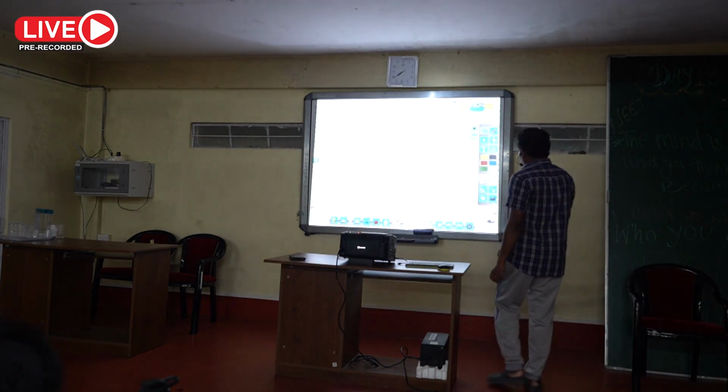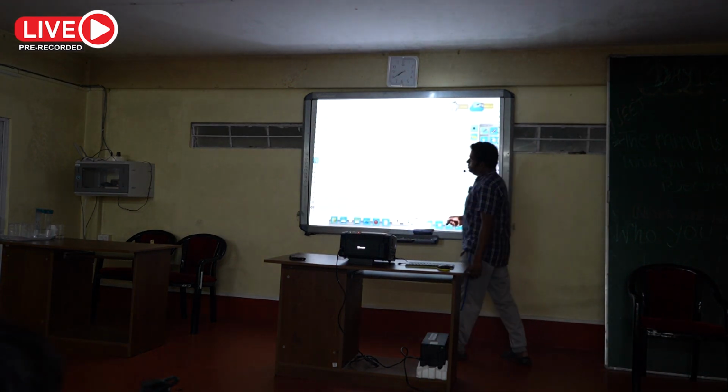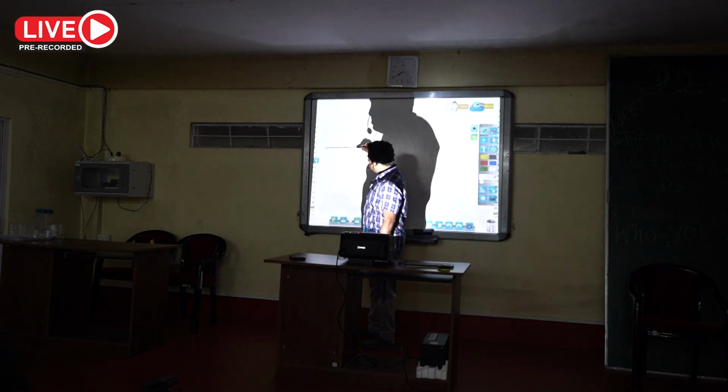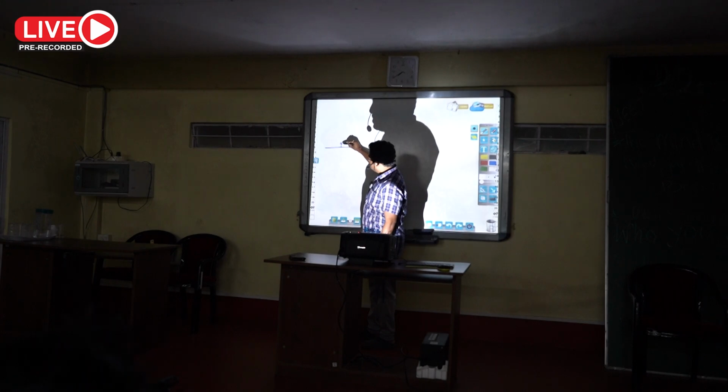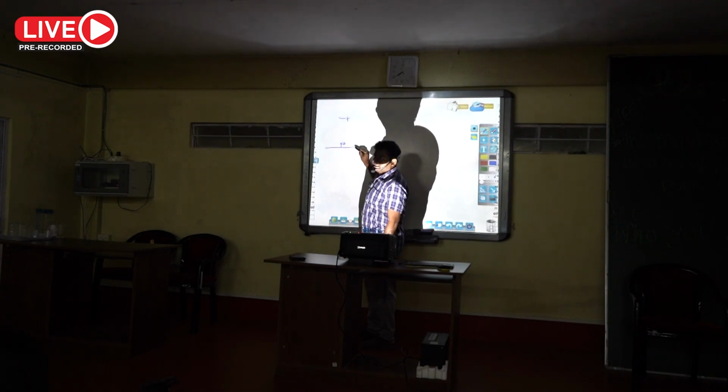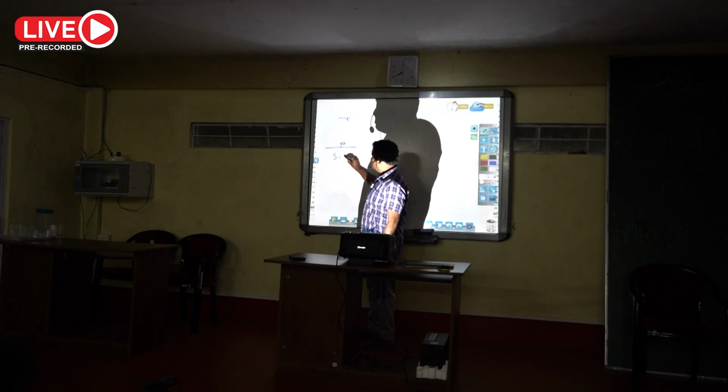Whenever we have this type of problem, we will consider that this is the ground level from which the particle is thrown with velocity u. So after a certain time, how much will it rise? We simply calculate it by using the equation s equal to ut minus half gt square.